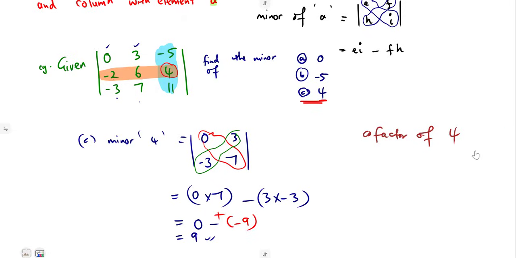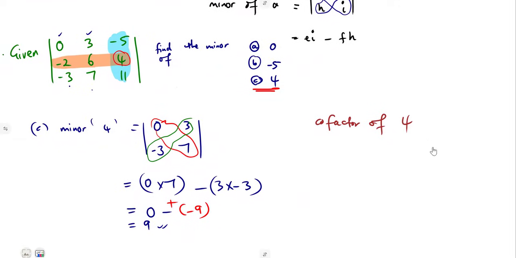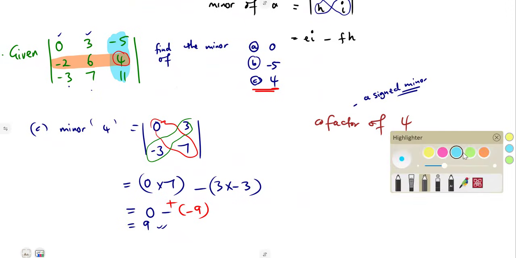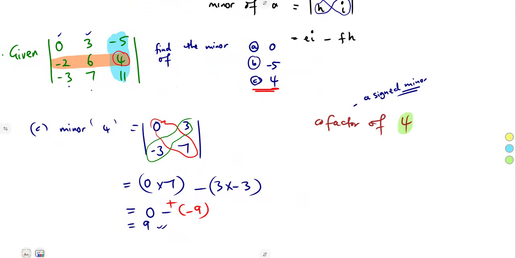The cofactor of element 4. If you have already determined the minor, because this is our minor here, we are saying the cofactor is a signed minor. So I must determine the minor of the element, and our element is 4.